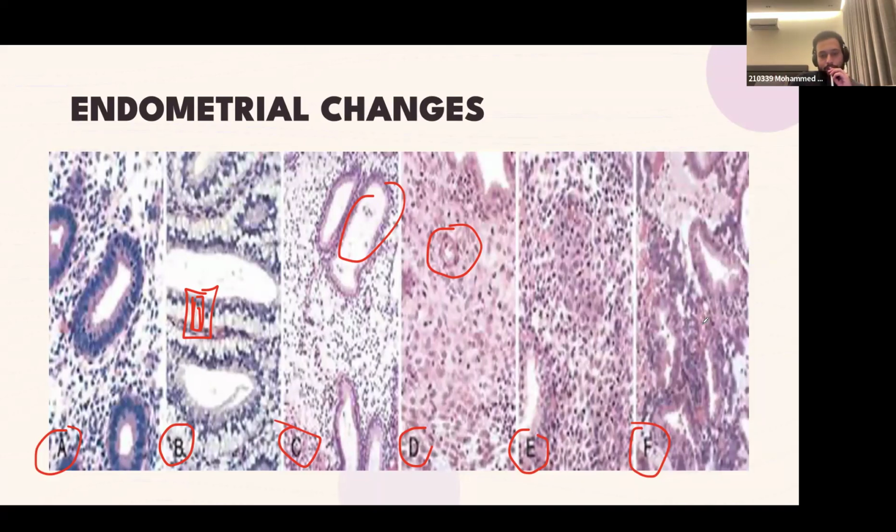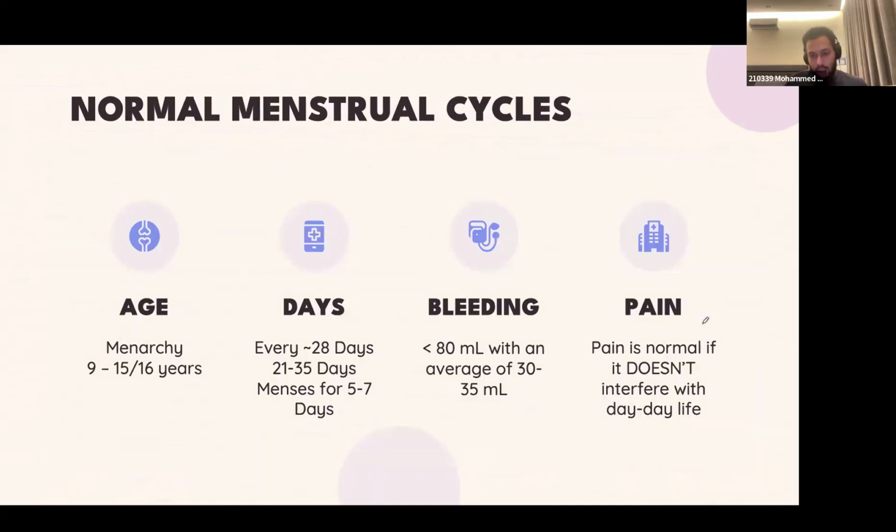So know these pictures. Now, very important is the normal menstrual cycles, okay? The age, number of days, and the frequency, bleeding, and pain, okay? This will relate to all the pathologies that we're going to talk about, all of them. Number one is age. First, we have 2 ages to look out for, age of menarche and age of menopause, okay? So menarche happens around an average of 11 to 12 years of age.